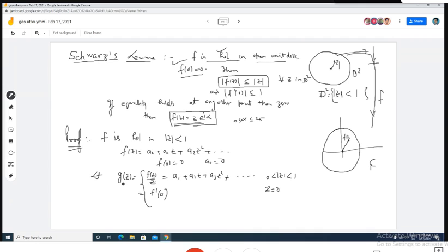So you see clearly, this g is also holomorphic in the unit disk, right? So clearly g is holomorphic in mod z less than 1.